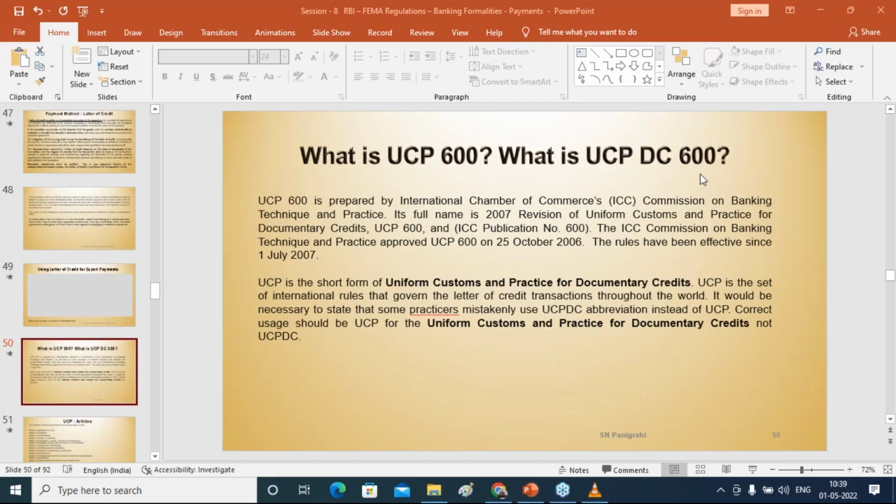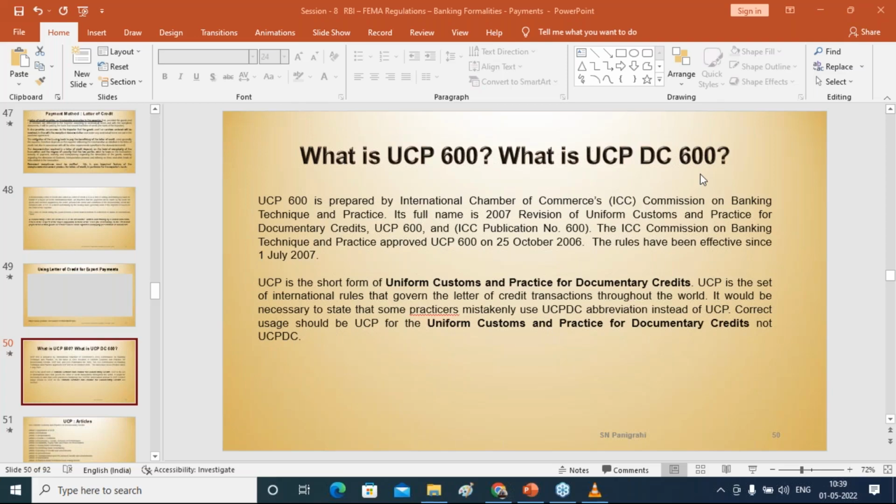These are called rules. Rules are not acts. Acts and rules are different. An act is binding in nature, but rules are not binding in nature. So UCP 600 is not an act, but these are rules. If you follow it is good, but everybody follows, everybody insists on following.